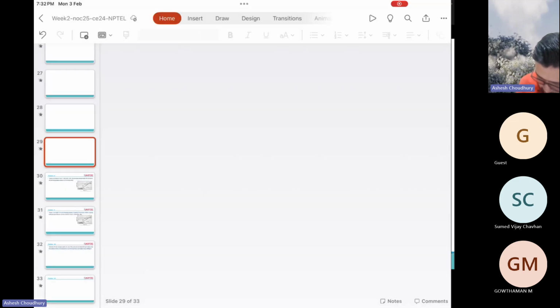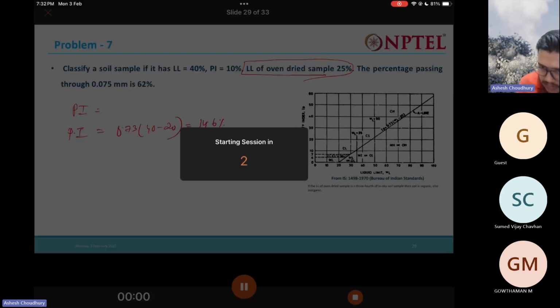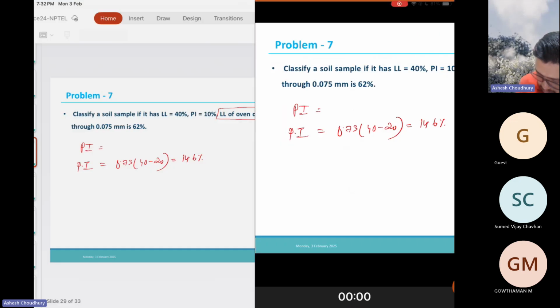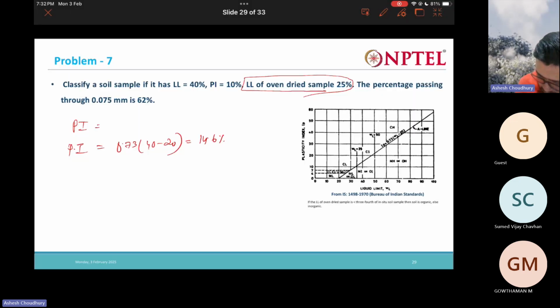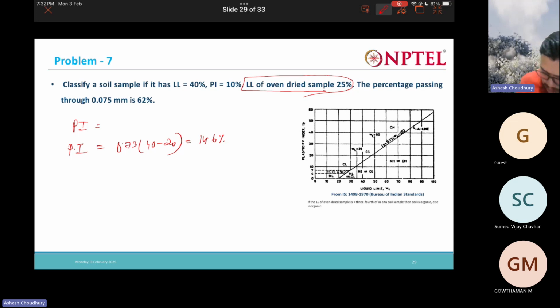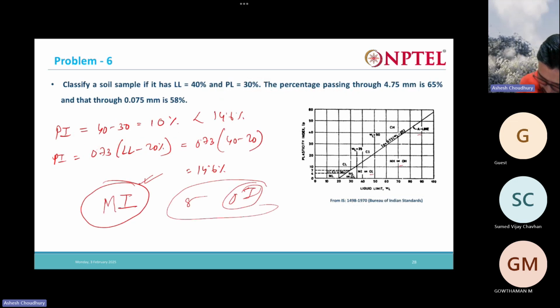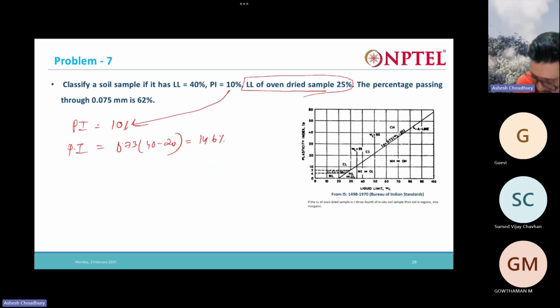Just a second. So the plasticity index is given directly as 10%. Now see, the plasticity index is less than 14.6%. That means what? It's plotting below the A line.